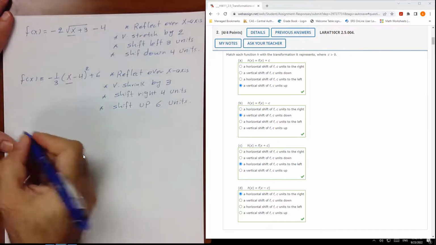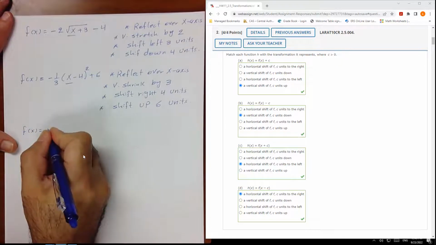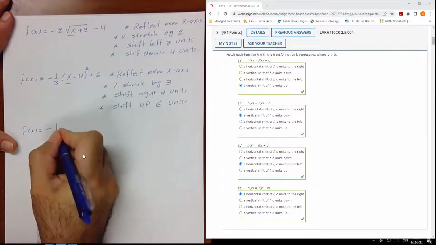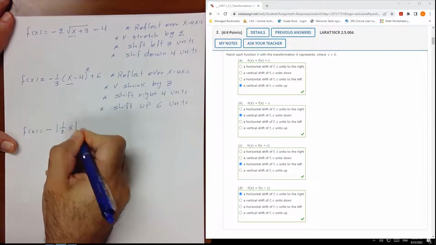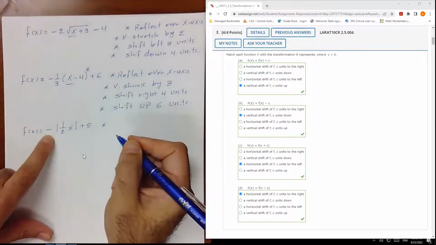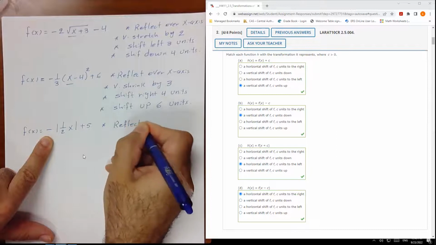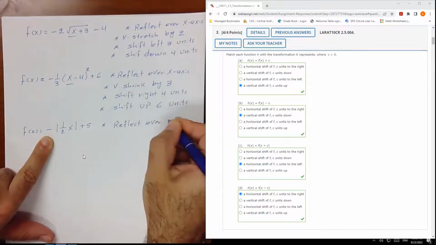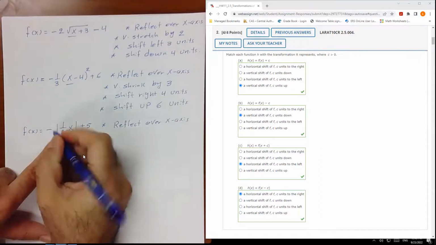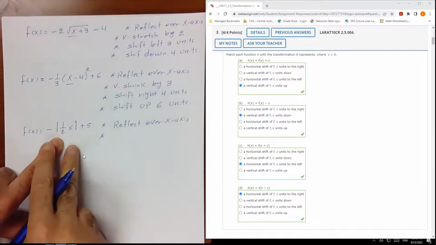Here's another example. If you have f of x equals, let's say, negative 1 over 2 times x, plus 5. Negative sign outside, that means reflect over x-axis. 1 over 2 is inside the absolute value, because my basic function is the absolute value. So now it's horizontal.